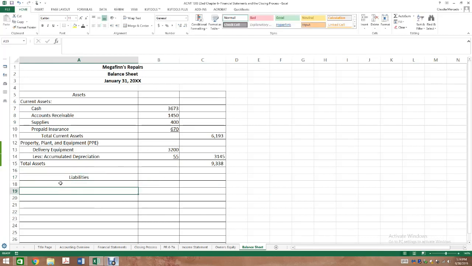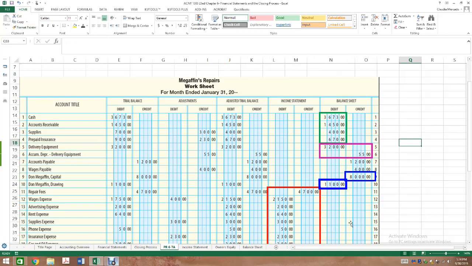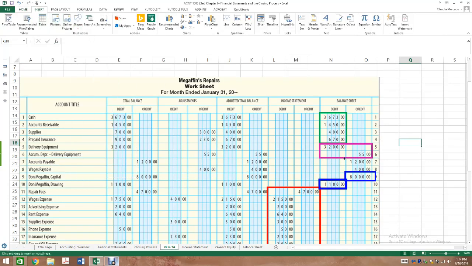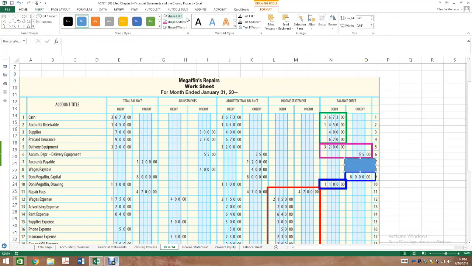So, my liabilities, let's go back to our problem. This is anything that you owe. Whenever you see or hear a liability, it usually has the word payable on it. So we have accounts payable and wages payable, two liabilities. I'm going to highlight these right here, that way we can identify them.